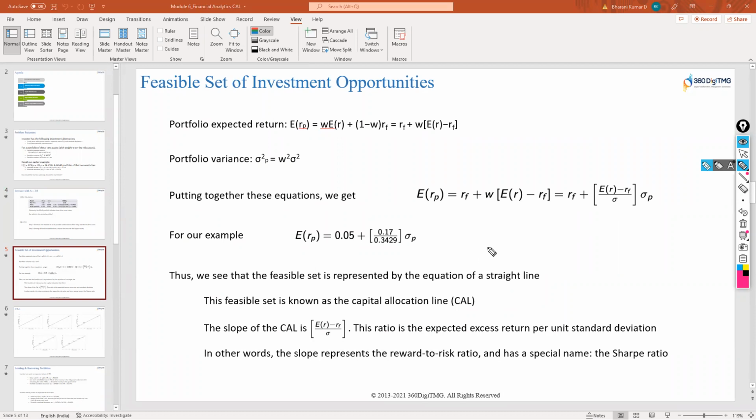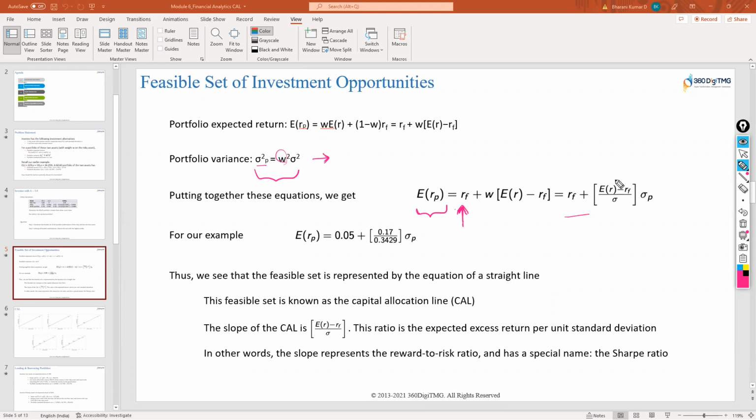To understand that, we have this expected return formula, and we also have the risk formula, which is equal to W sigma. So the expected return is equal to RF, risk-free, plus W into this. When you rewrite it by substituting the W value as sigma P by sigma, you get this formula.